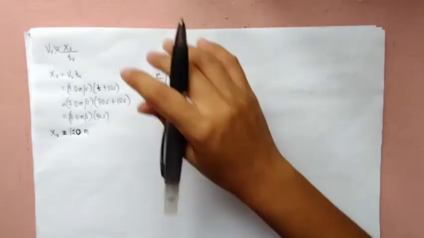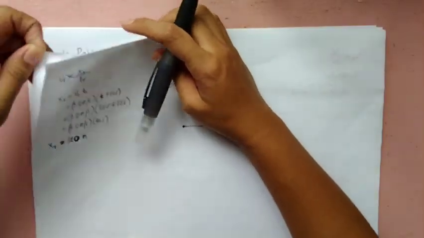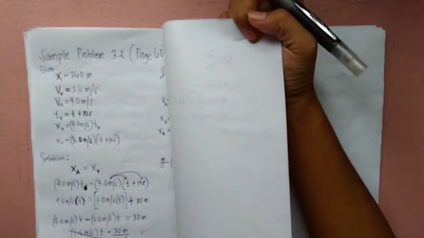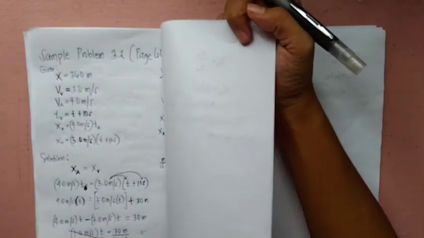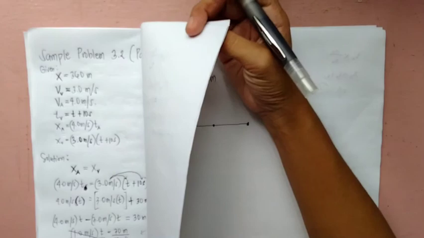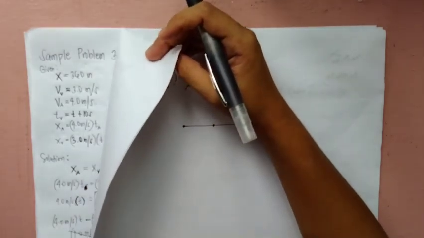That means 360 meters, since 360 is the distance of Vanya and Angelito's house from school. We need to subtract 120 meters from 360 meters.